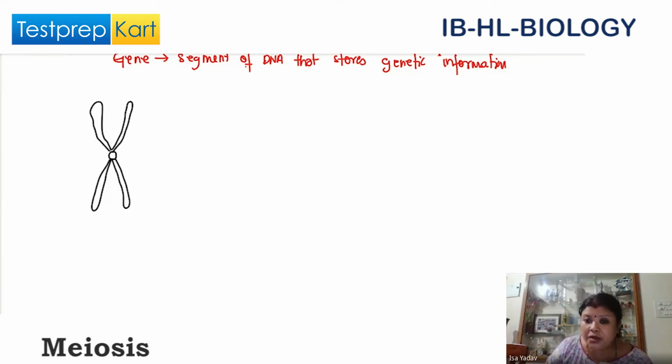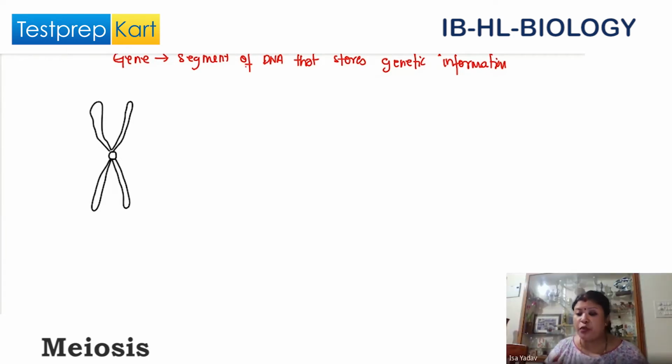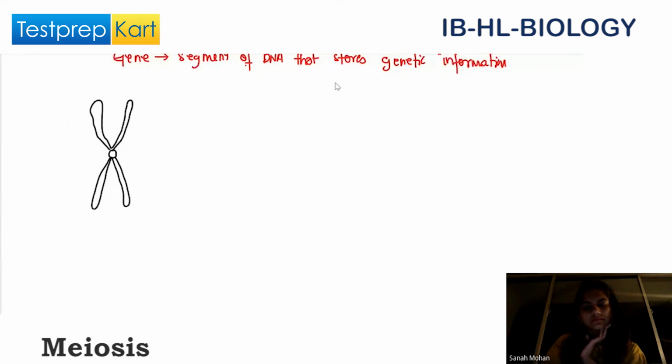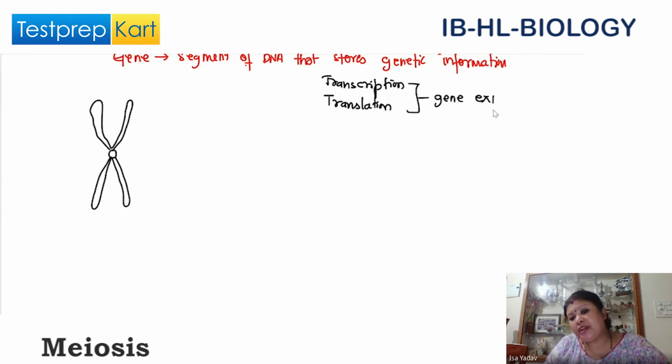So transcription and translation, RNA synthesis and protein synthesis are different ways through which gene expresses itself. Did you get it? Yeah. Okay. So we'll see transcription and translation. These are two methods by which gene expresses.